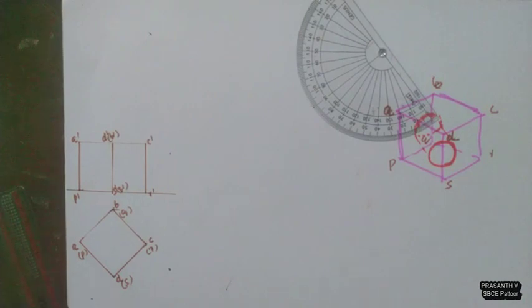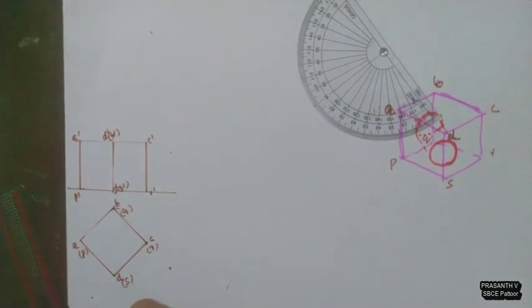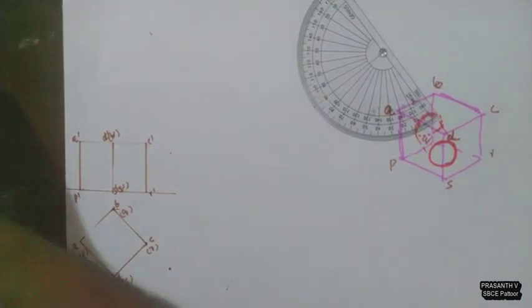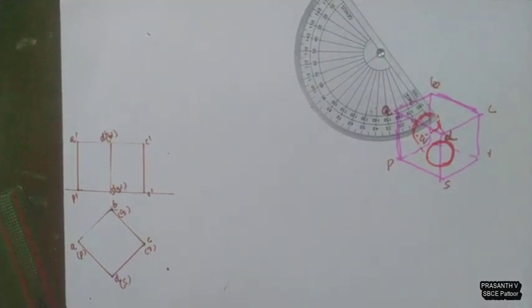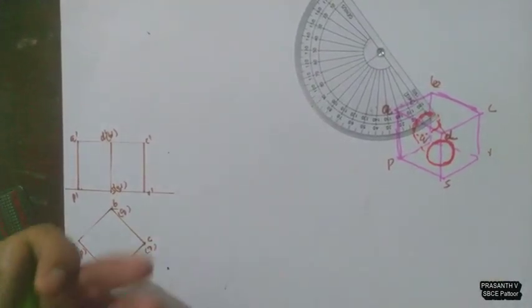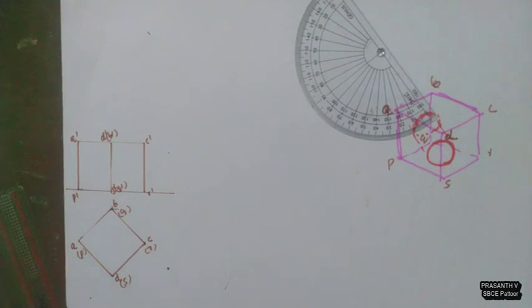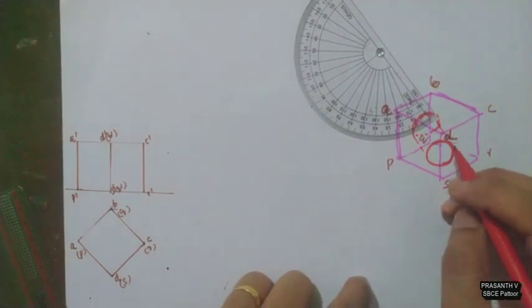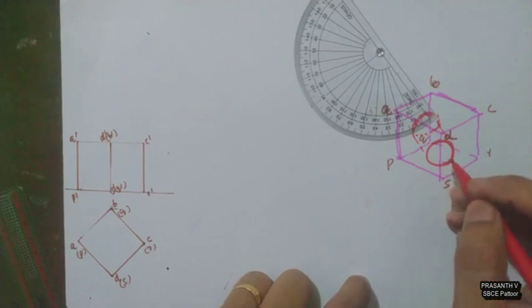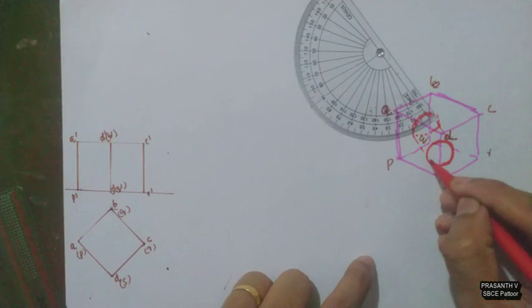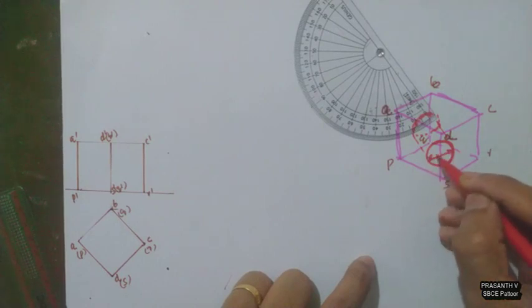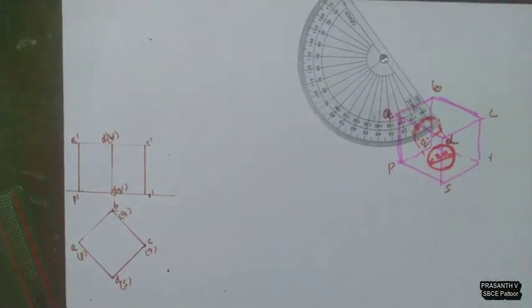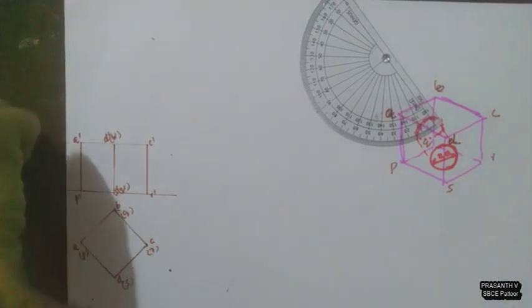Now we have to draw a circle through the center of the cube. Take the radius of the circle as 20 mm. No, not 20 mm. Take the radius of the circle as 10 mm and the diameter of the circle as 20 mm.